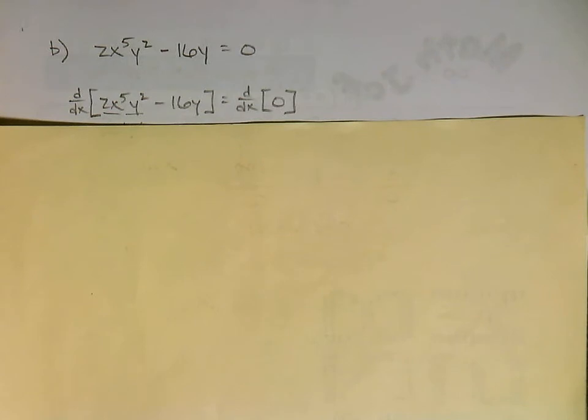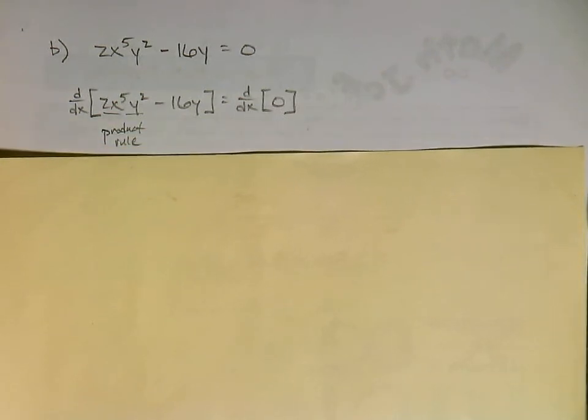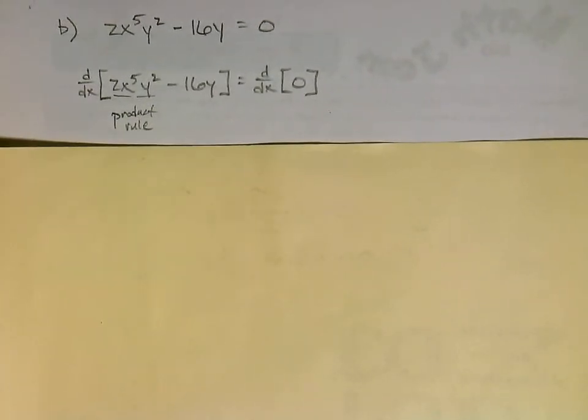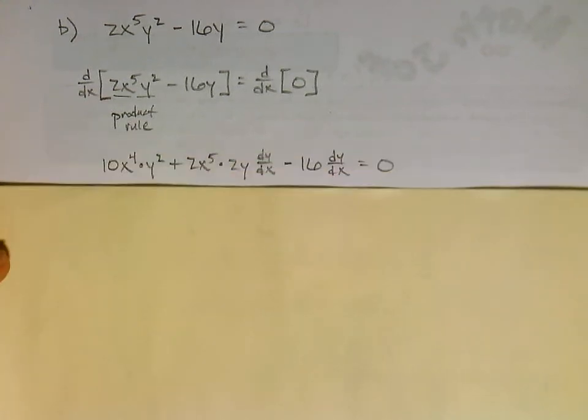And so for that first term to take its derivative, yes, we need the product rule. 2x to the 5th times y squared is a product. Don't overlook the fact that you need product rule right there. Okay, so let's see how it plays out.